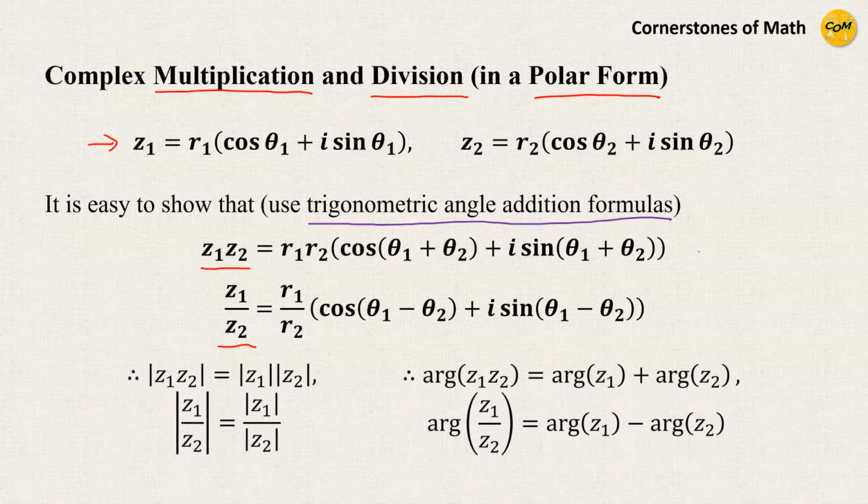From these, we can obtain these important results. The first one is, of course, when two complex numbers are multiplied, their absolute values are also multiplied. And the second one is that when two complex numbers are multiplied, their arguments are added, or subtracted in case of division. And among these, let us focus on this subtraction property of arguments.